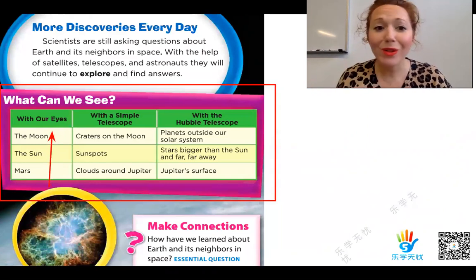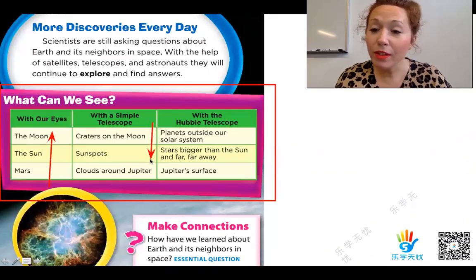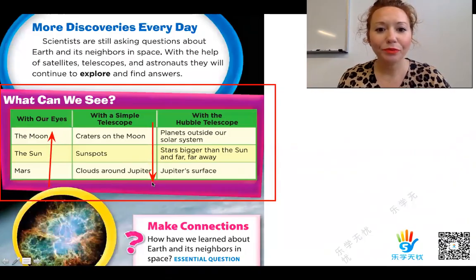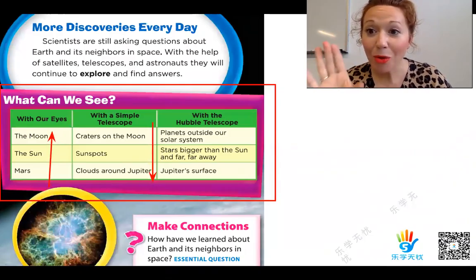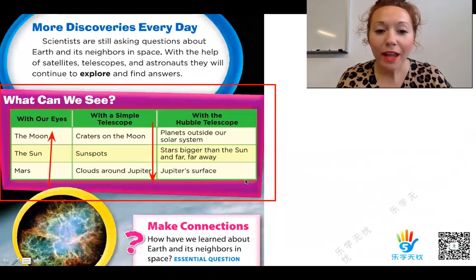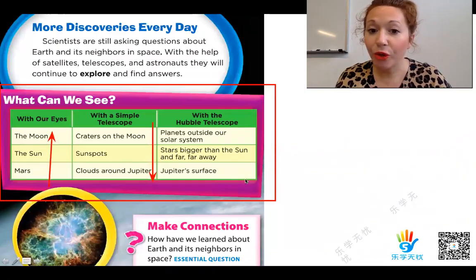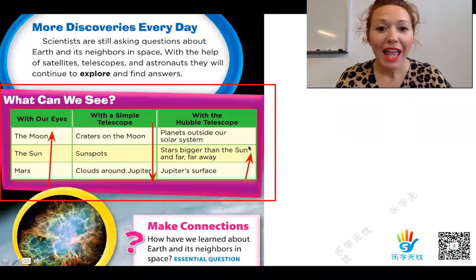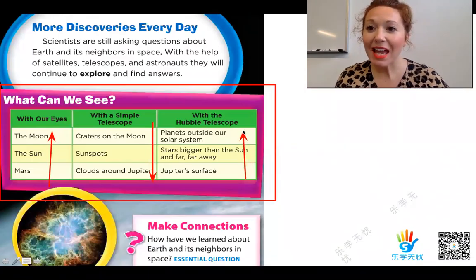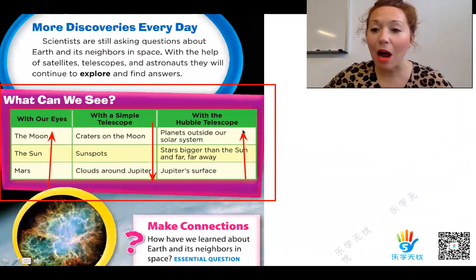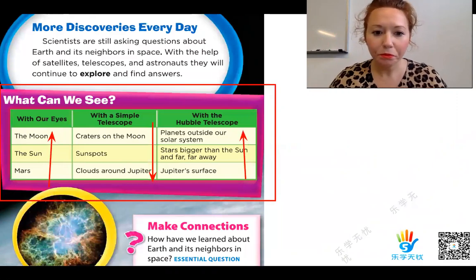With a simple telescope, we can see some craters on the moon, some sunspots, and even some clouds around Jupiter. But with the Hubble telescope, we can see Jupiter's surface. We can see stars bigger than the sun and are far, far away, and even planets that are outside of our solar system.